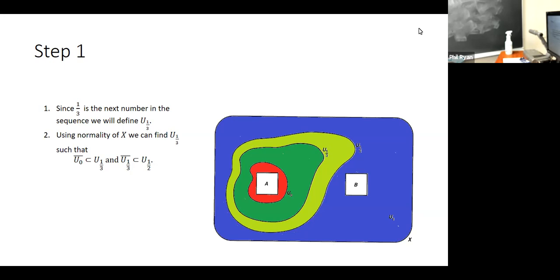U1/3 is going to lie between U0 and U1/2, so we use the closure of U0 and the closure of U1/2. We can then find our U1/3, which is the set that covers the closure of U0. So the closure of U0 is within U1/3, but the closure of U1/3 is not going to impinge into U1/2, because we've used normality to do that.